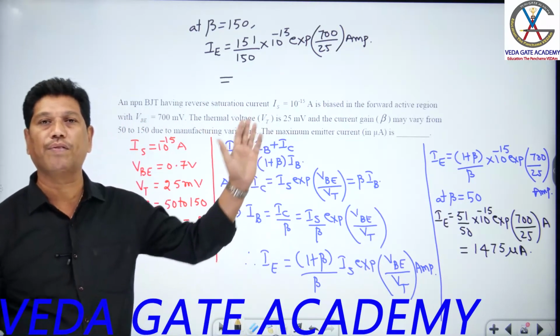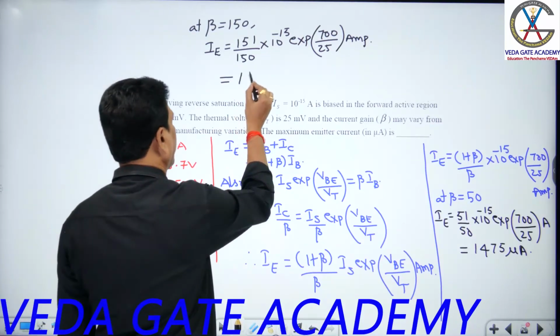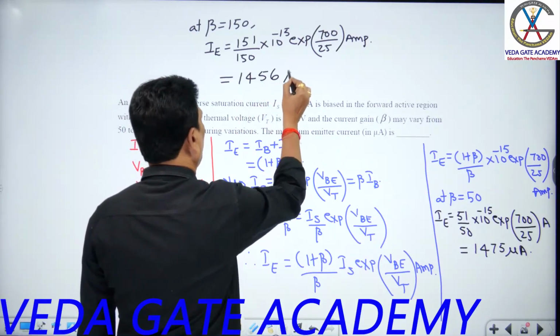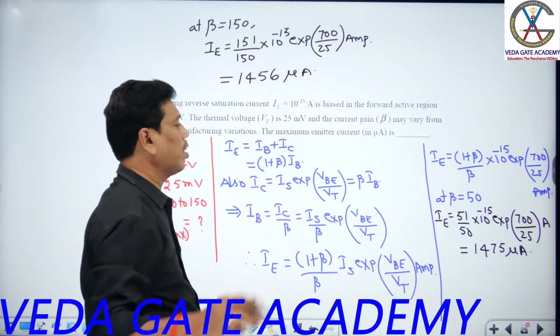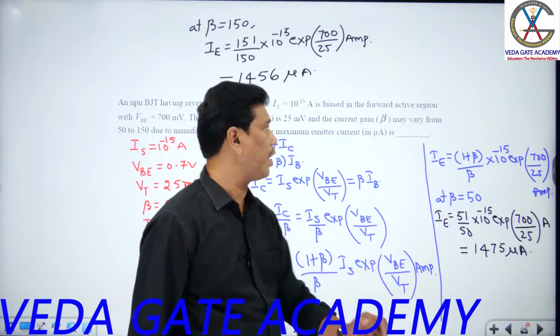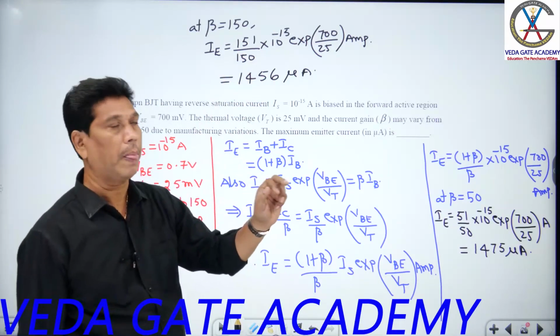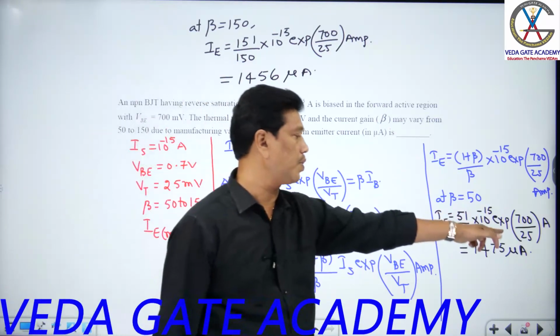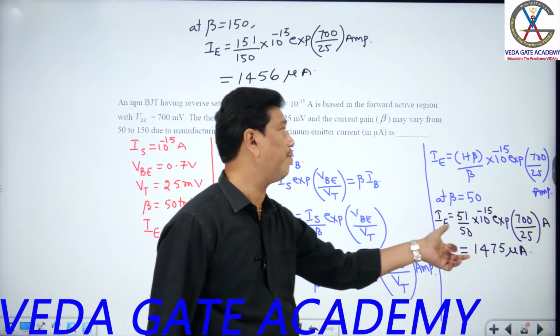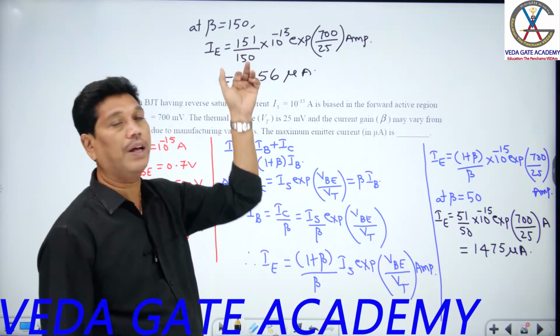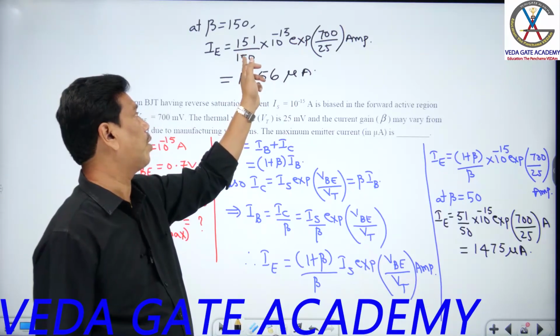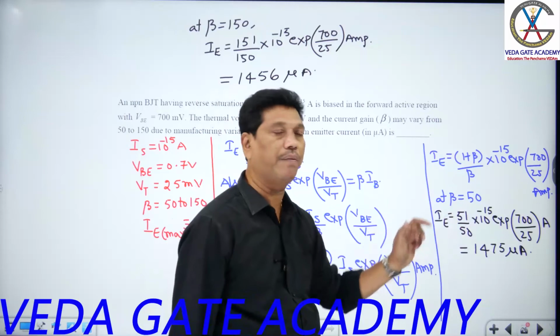Why do you get this, sir? Because compared to 51 by 50, the ratio 151 by 150 is a little bit less, students. The remaining terms are all the same.